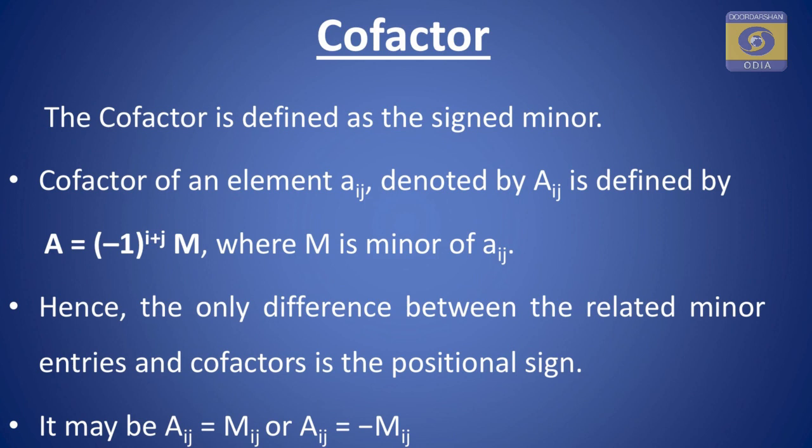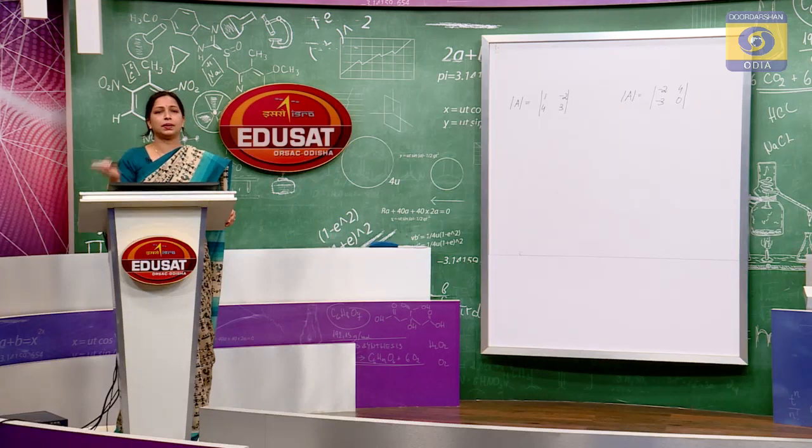Where M is the minor of a i j, the element that we are taking into consideration. Hence, the only difference between minor and cofactor of related entries is the sign, right. So, it may be noted here that A i j equals M i j or A i j equals minus M i j. So, the value will be the same, but the sign of the element may change.